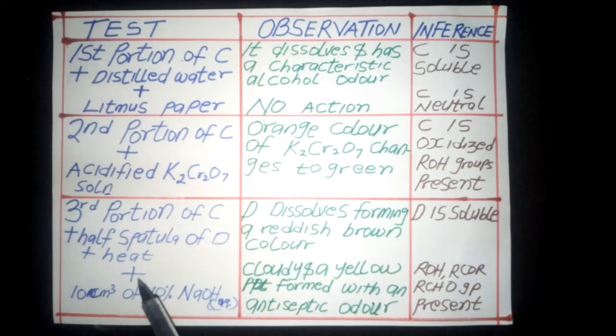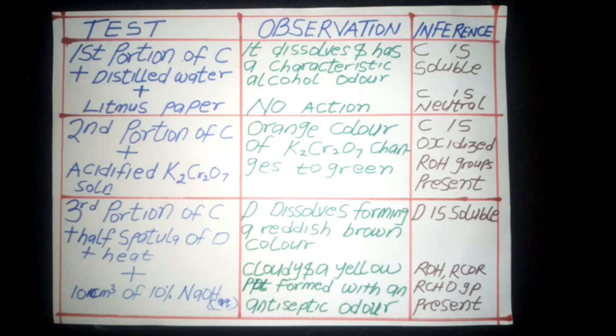Then the last portion, third portion of C plus half spatula of D. Remember, D is the iodine. Iodine is a violet black solid.